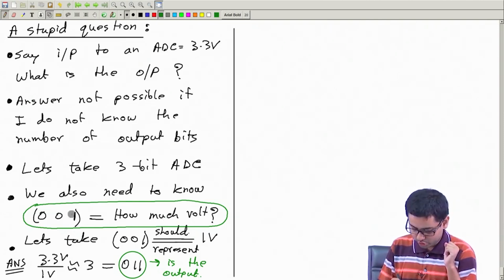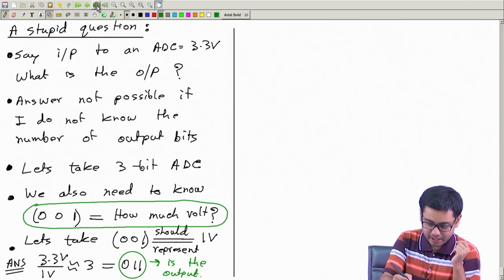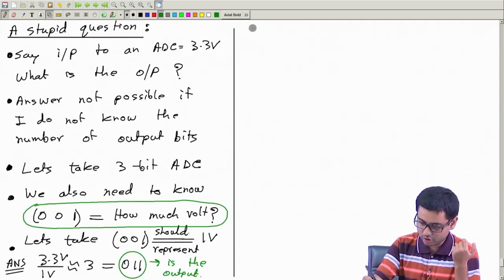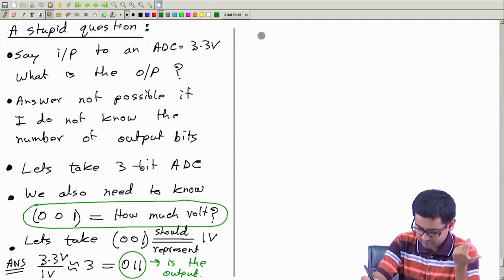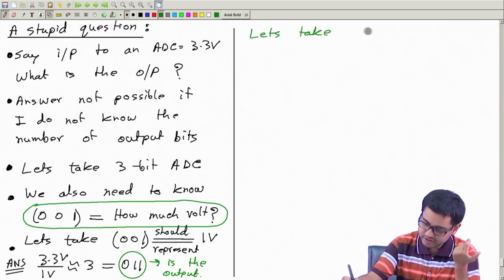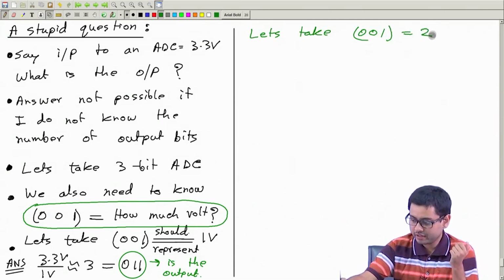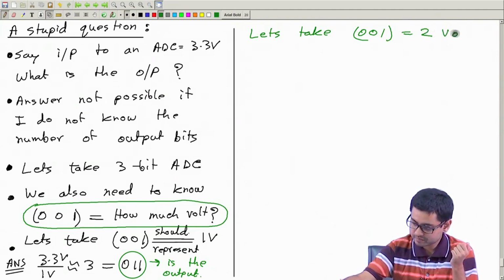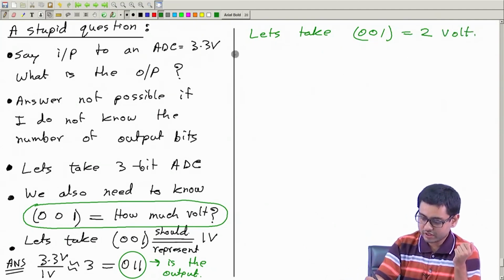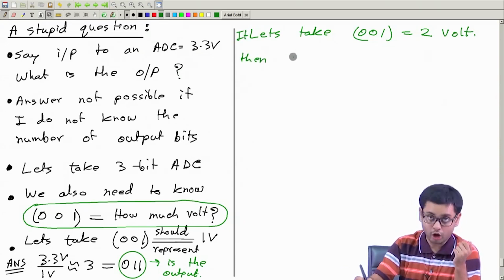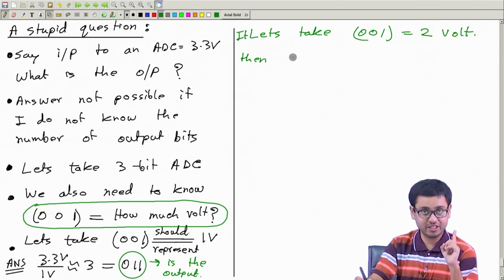Okay, so I may sometimes tell you that, okay, let's take this 001 is equivalent to say 2 volt. Okay, if that is the case, then the output will definitely change.